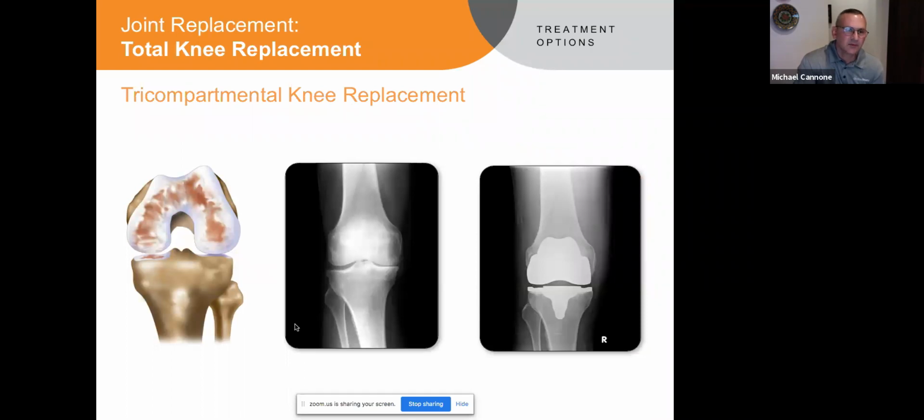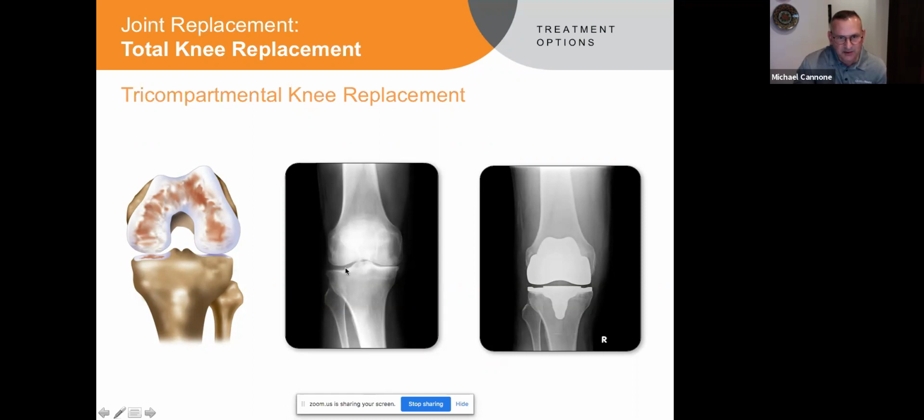This is an example on the left side of the screen here of an arthritic knee. You can see all the brown or red in there, and that's where the bone is exposed. And then demonstrated on the X-ray in the middle of the screen is an arthritic knee joint. So this is the outside of the knee here.